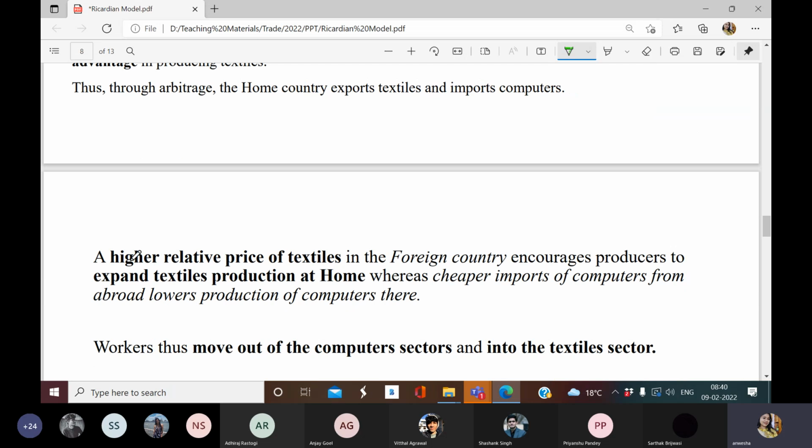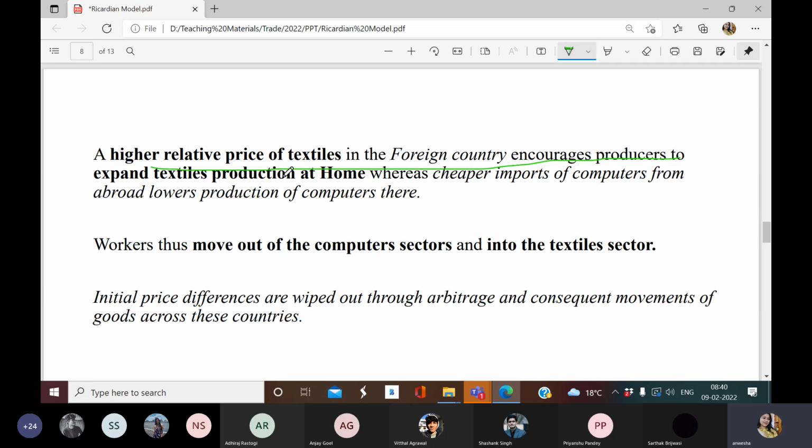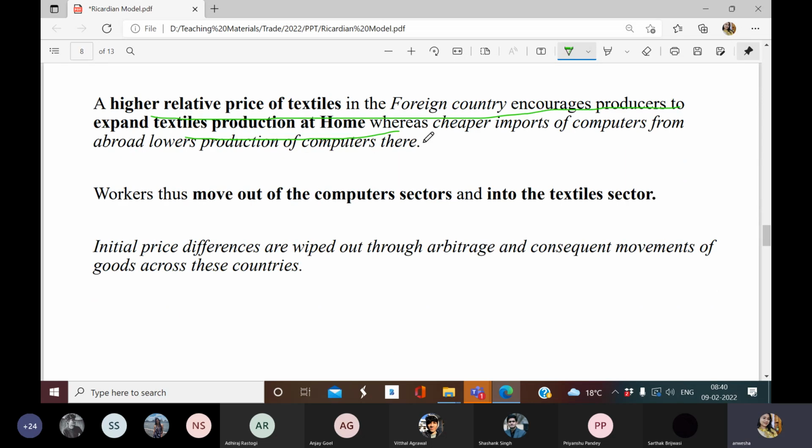So there will be a higher relative price of textile in the foreign country, and that will encourage the producers to expand textile production at home and encourage import of cheaper computer from the foreign country. And there will be resource reallocation. By resource we mean labor only, because labor is the only factor of production.